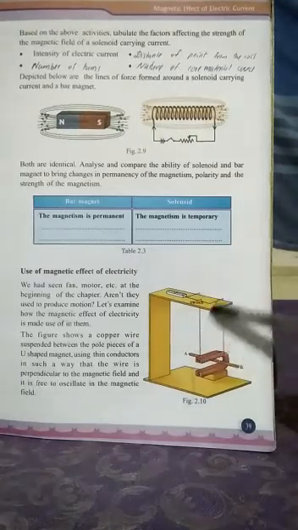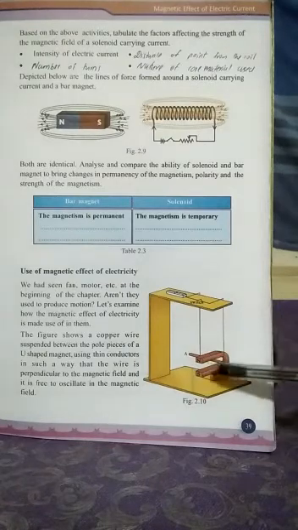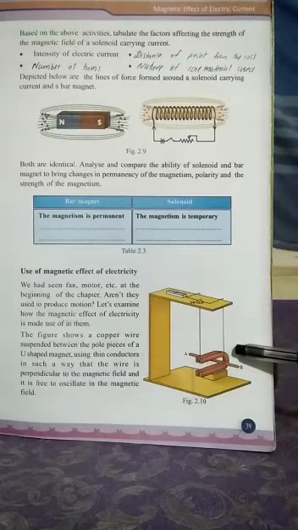As the current passes through it, it becomes a magnet, so both interact, and as the rod can move freely, it moves.